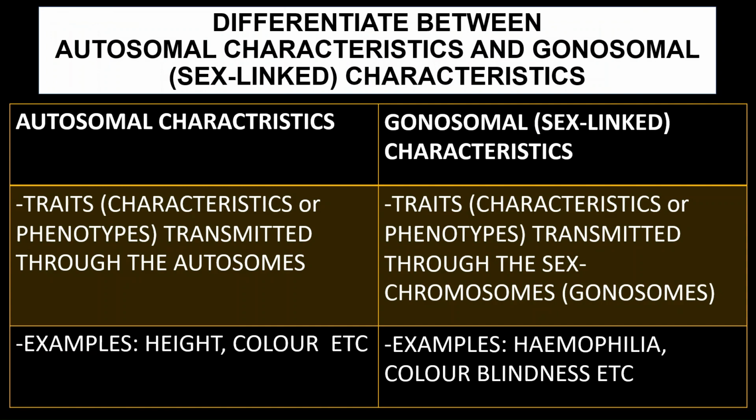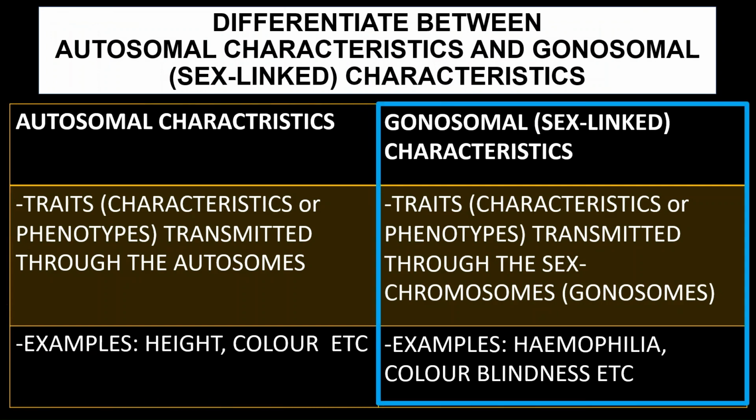Example, your height, color; these traits are transmitted through your autosomes. What about gonosomal traits? Gonosomal characteristics are traits, characteristics or phenotypes transmitted through the sex chromosomes or gonosomes. Examples of such phenotypes are haemophilia, color blindness, and your gender also.